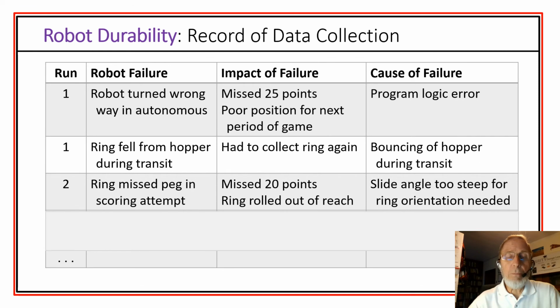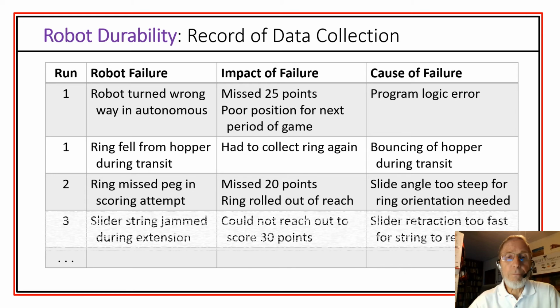So we could then look at a second run, identify the failure, the impact, the cause of failure, and so on. The third run again, we could do that. So going through 10 runs, or whatever number we're able to accomplish, we can then gather this kind of data to identify the kinds of failures, how that impacted us, and what the root causes were.